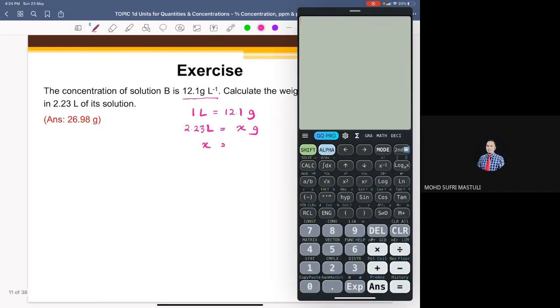So I just click the calculator. 2.23 times 12.1 and then divided by 1, 26.983 gram. So you can try.